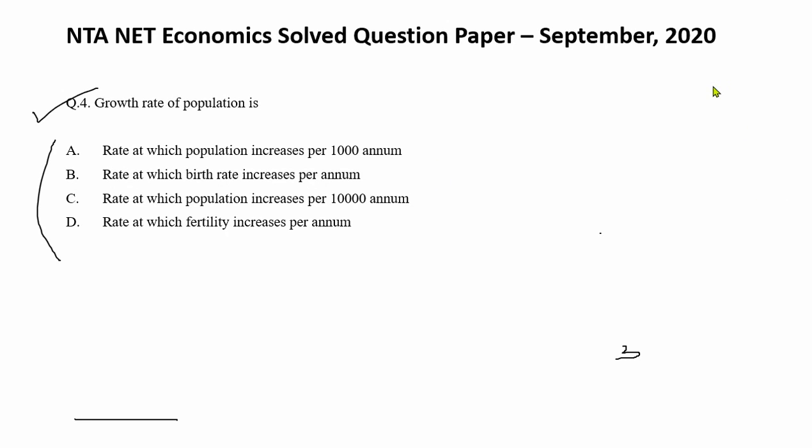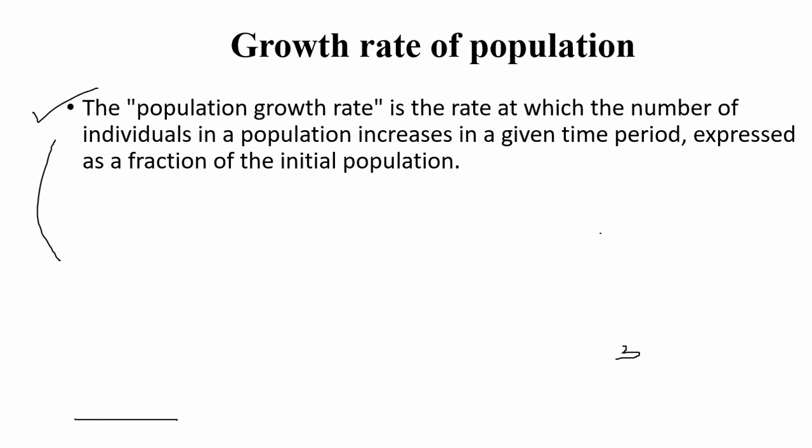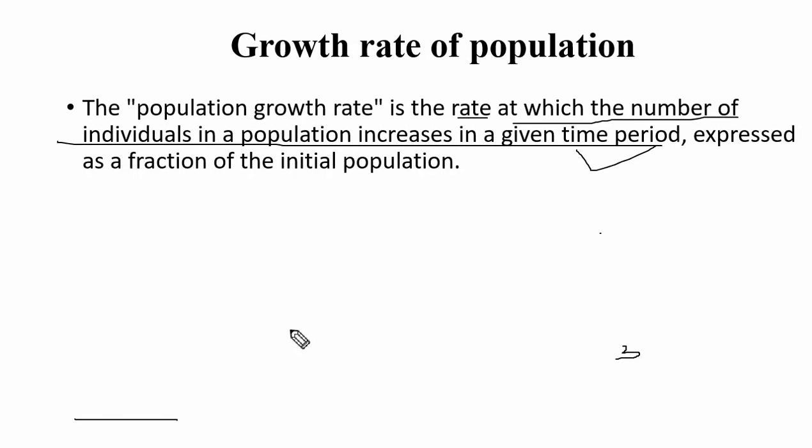Now let's understand this terminology. Firstly, when we look at the growth rate of population, or the population growth rate, it is nothing but the rate at which the number of individuals in a population increases in a given time period, and it is expressed as a fraction of the initial population.